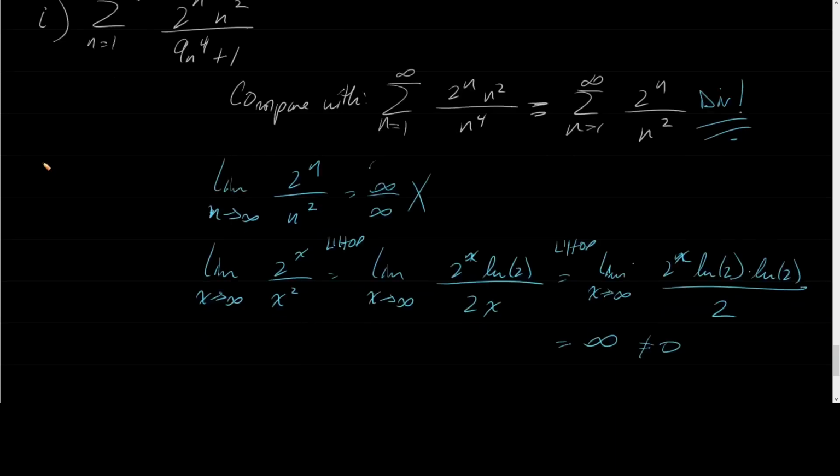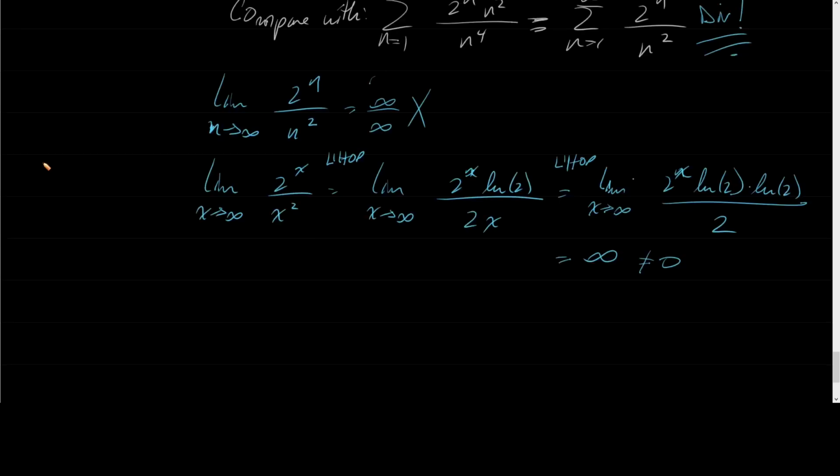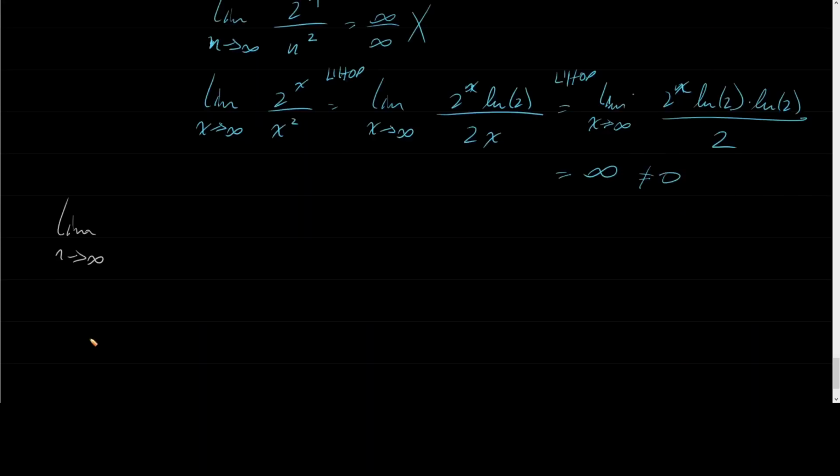All right, let's do the limit comparison test now. We're going to take the limit as n goes to infinity of the ratio of the two that we have: 2 to the n over n squared, over 2 to the n times n squared over 9n to the fourth plus 1.